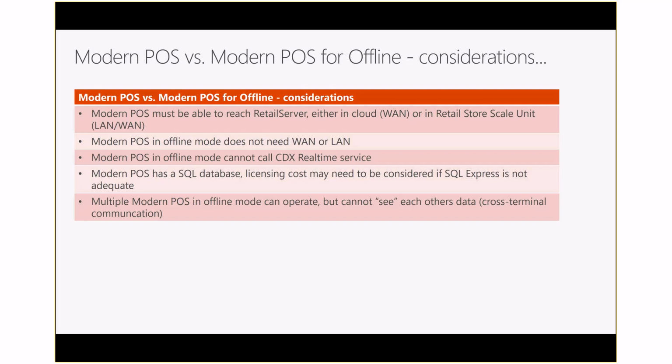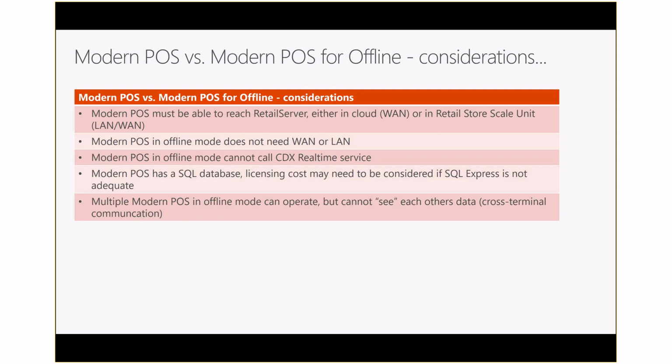So again, SQL Express is an option as the database, but of course there are limitations. So some customers need to look into using larger databases or faster, more scalable database solutions. So licensing cost has to be considered there as well. Also, as a disadvantage of offline mode, the terminals themselves, once they are in offline mode, cannot see each other.